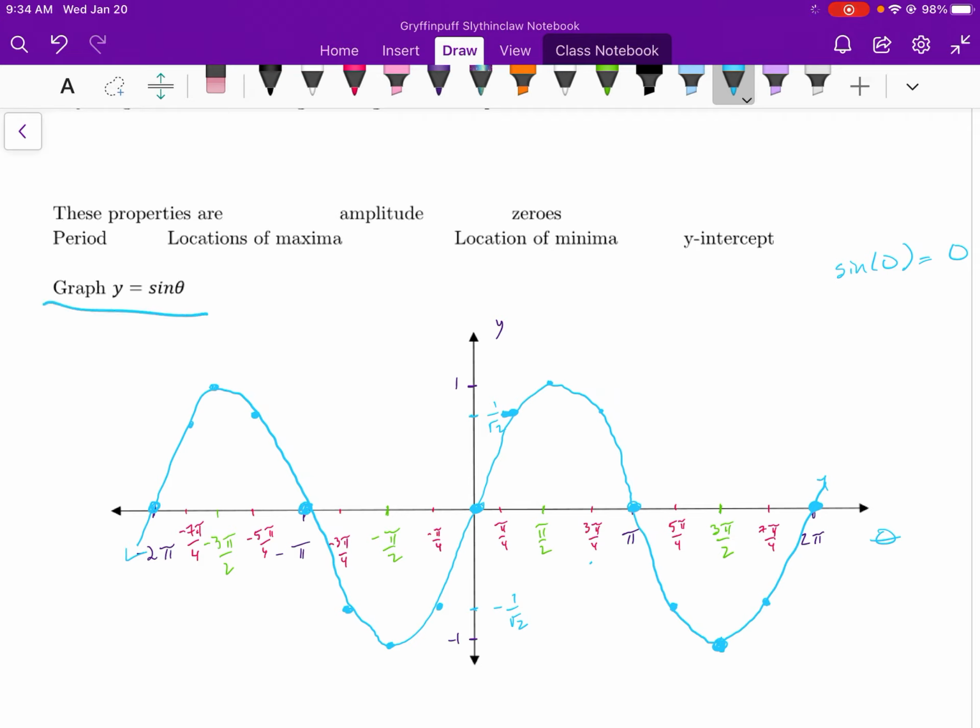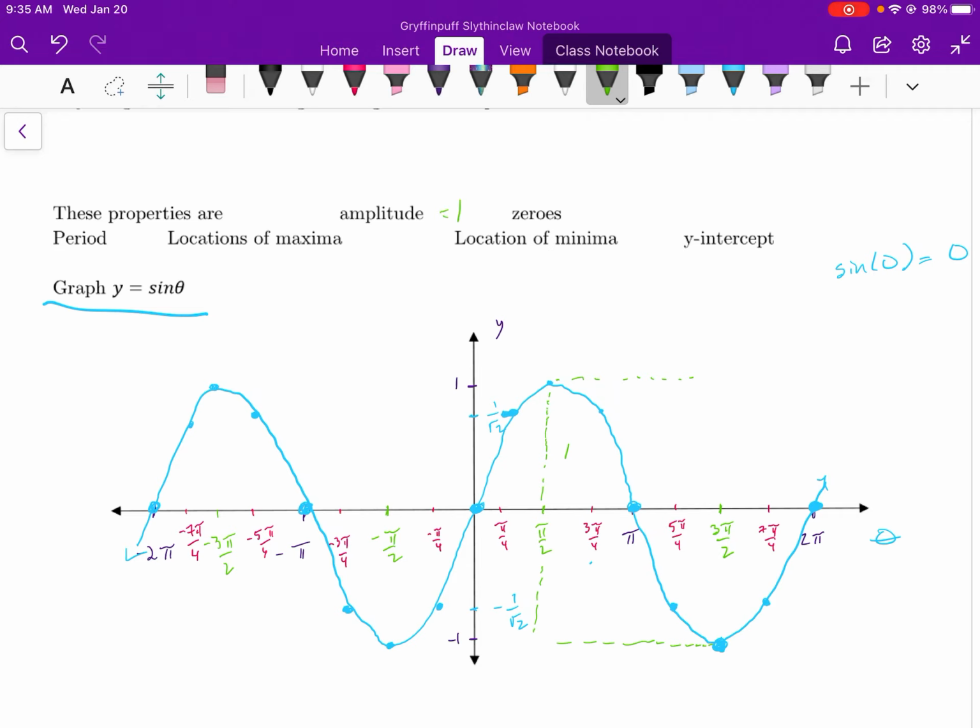So this is what is known as the sine wave. Sine wave is really, really interesting. So what is the amplitude? Well, the amplitude is going to be 1. If you notice, the vertical distance between the crest and the trough is 2.